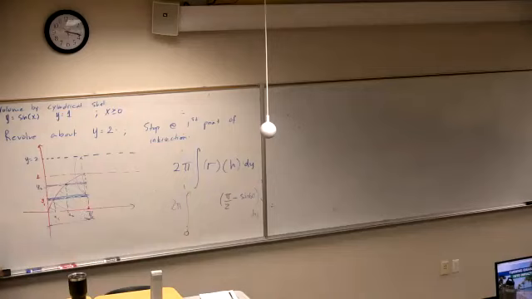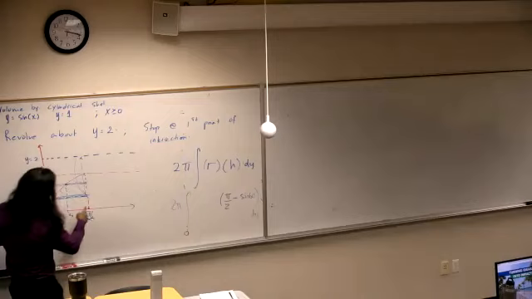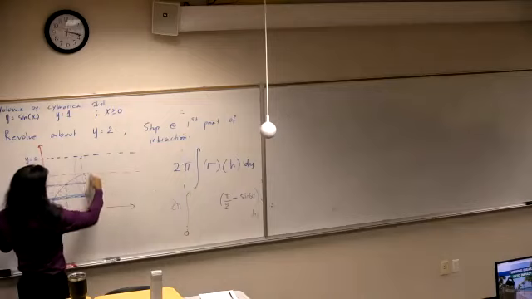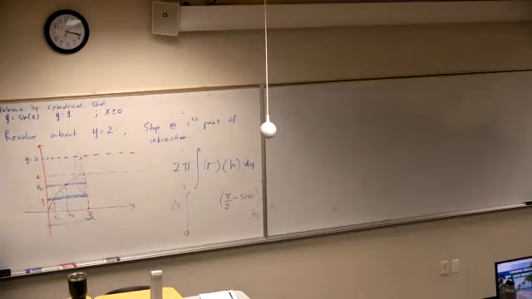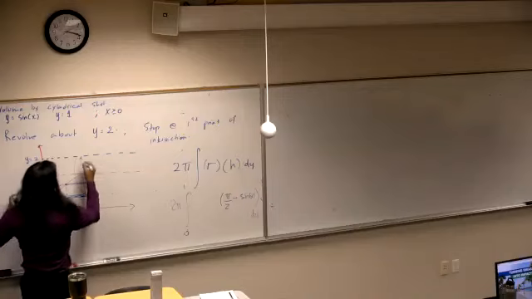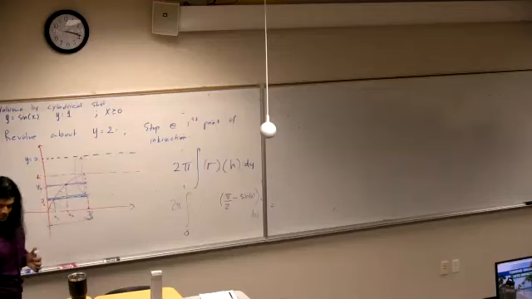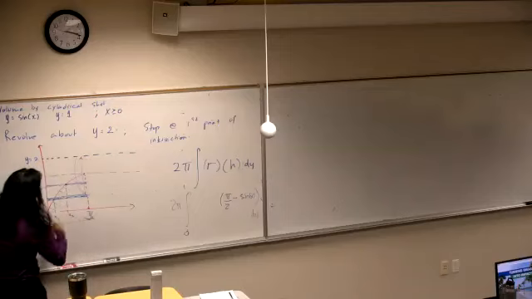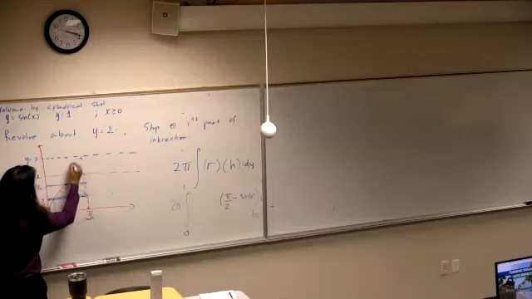What is the radius? If I put a shell here, that is going to be the radius. And if I move it up here, in a different color perhaps, to the next strip, the radius will be that.